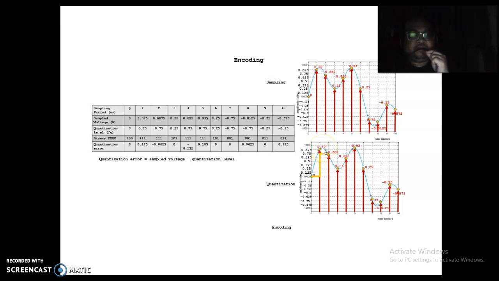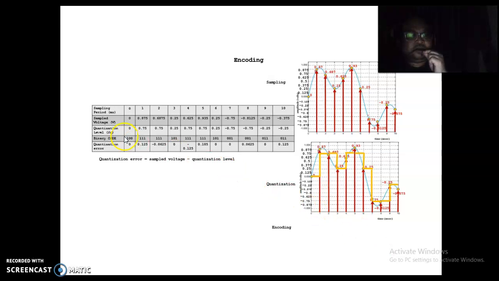From 0.875 sampled, it now becomes 0.75. As you can see, it falls short, and so on. So your sampled voltage and your quantization level have a difference. So there is an error, because what you get in quantization is no longer exact.